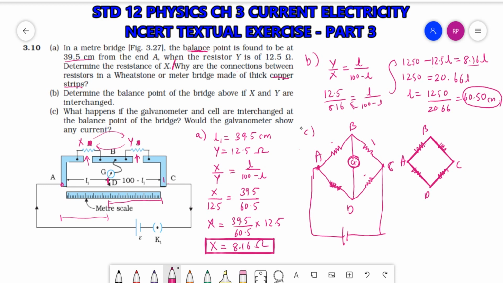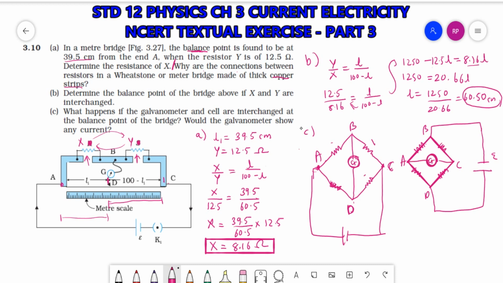Now between A and C the battery was connected; now let's connect it between B and D. Previously the galvanometer was connected in the BD arm, and now the battery is connected on the BD arm. And between AC, where the battery was connected, now let's connect the galvanometer.